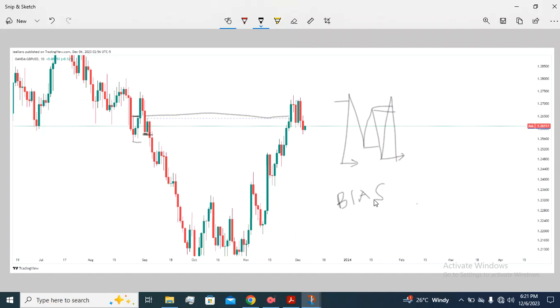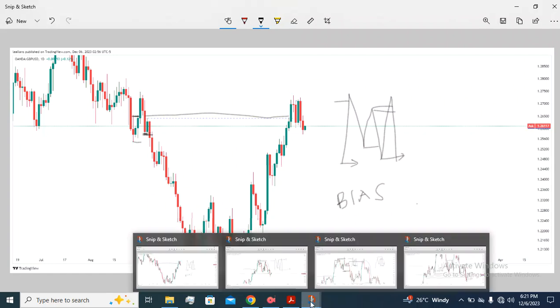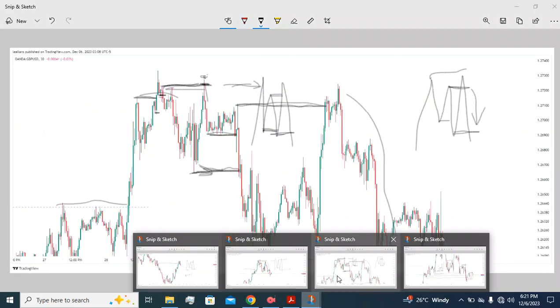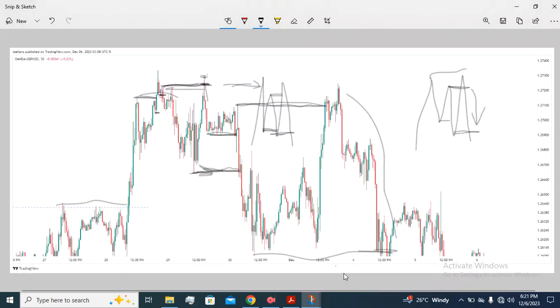These smaller time frames, like the 1 hour, the 30 minutes, the 15 minutes, the 5 minutes, you just drop there to refine your stop loss. You drop there just to set your limit orders.